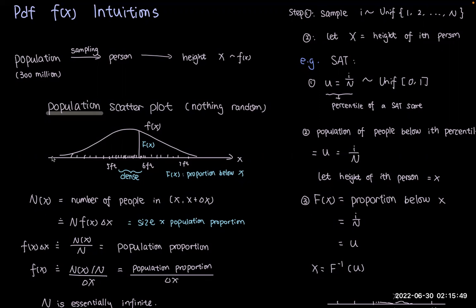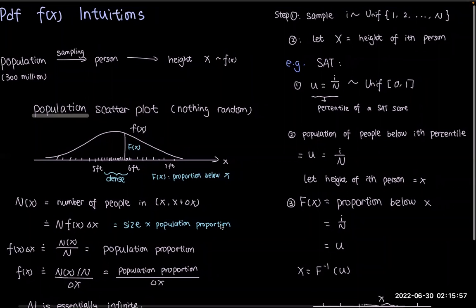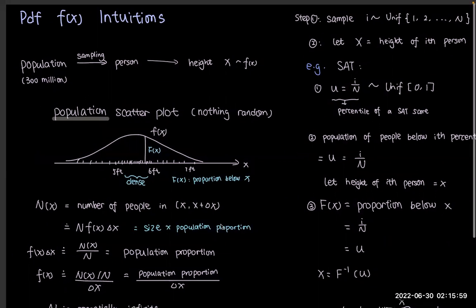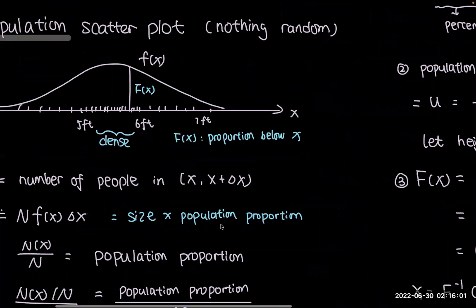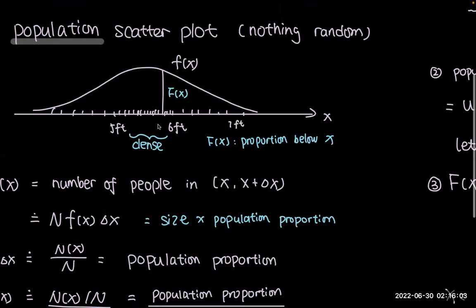And here again, N is 300 million, but we can say N is almost infinite when we think about this problem. The density describes the distribution of the points in this population.